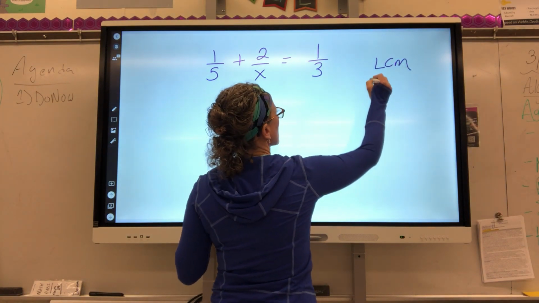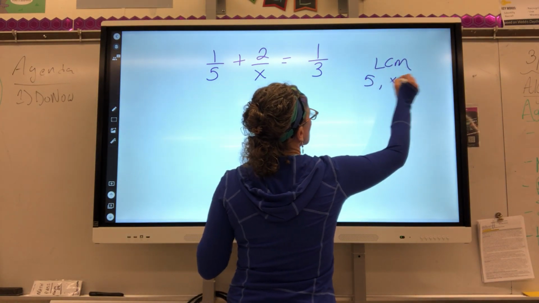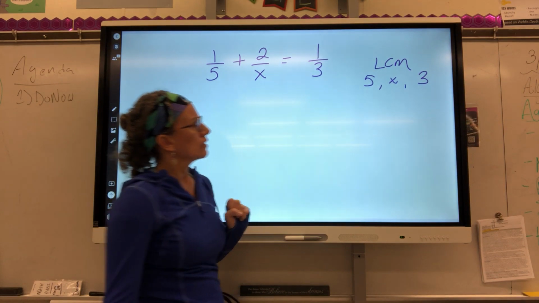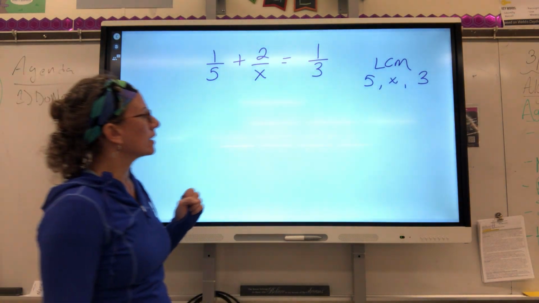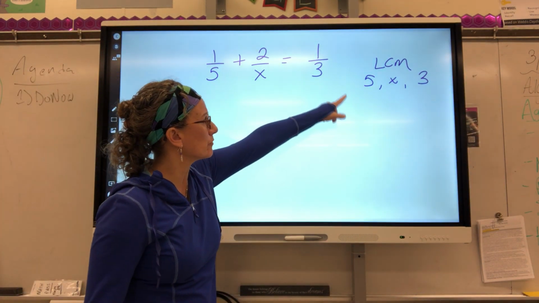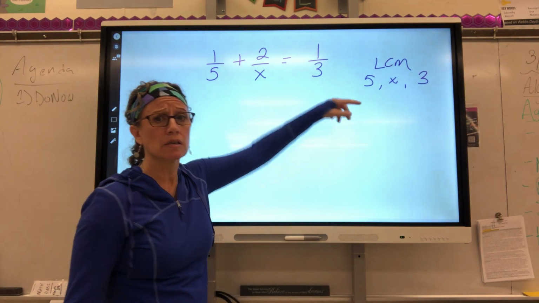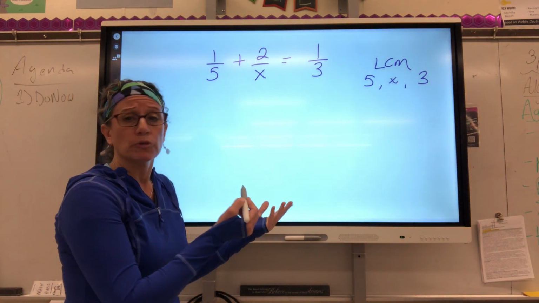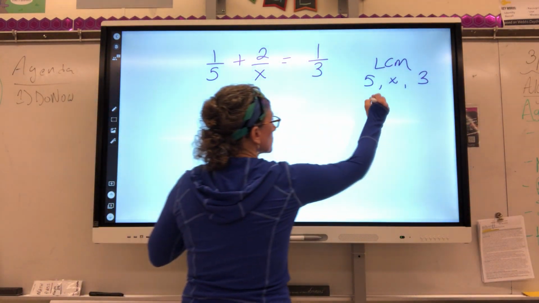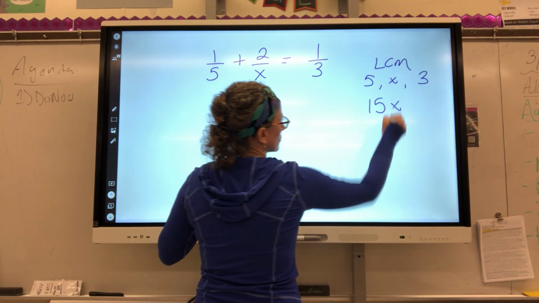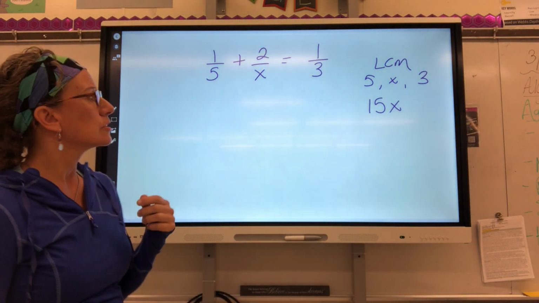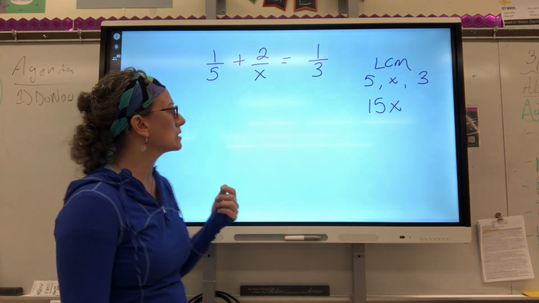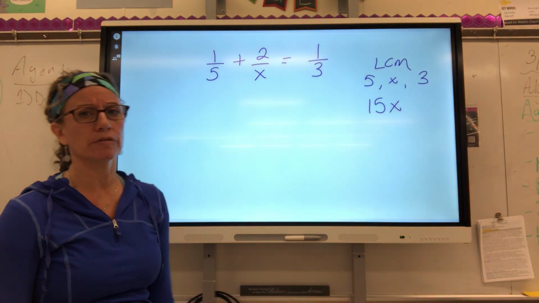You're looking for the LCM of 5, x, and 3. So what is the least common multiple of a 5, a 3, and an x? Well, if you're thinking 15, you are correct with the numerical part, and you also have to include the x. So 15x is the lowest common multiple of all three of those.